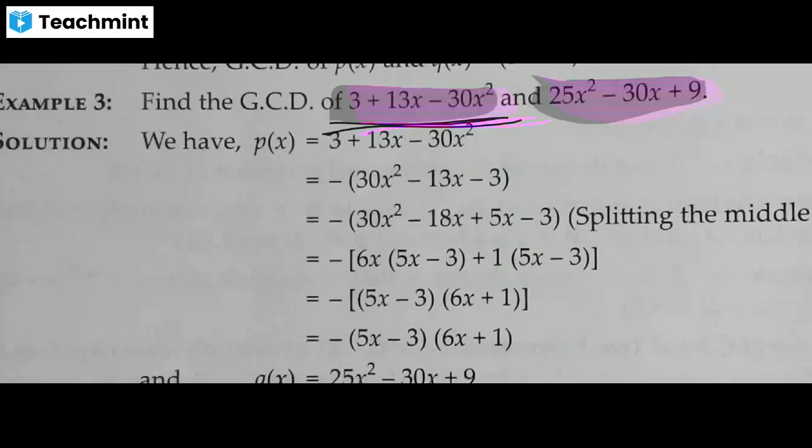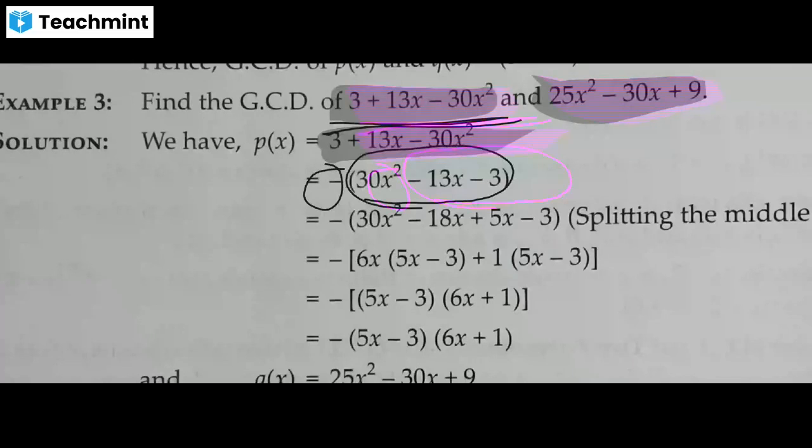So first write the given polynomial in descending order. Since minus comes in the beginning, minus is being taken out common. Remember, when we take minus common, all the signs inside will be changed.